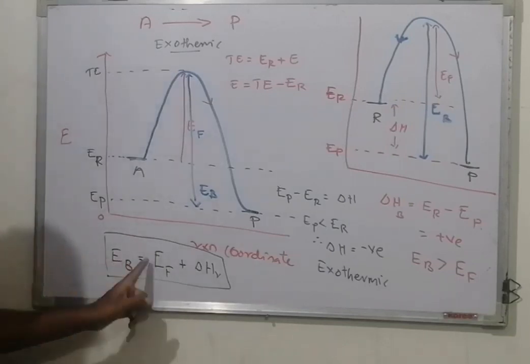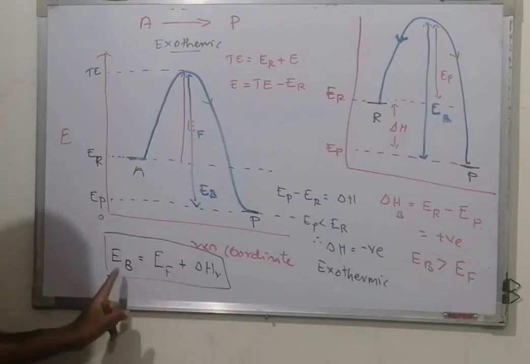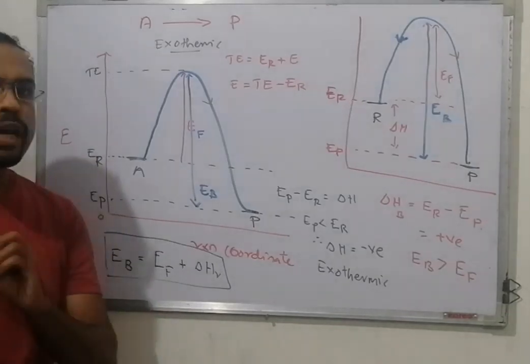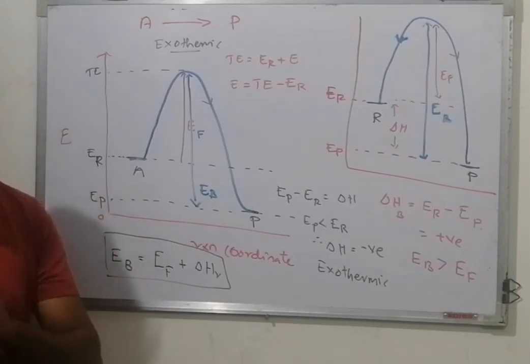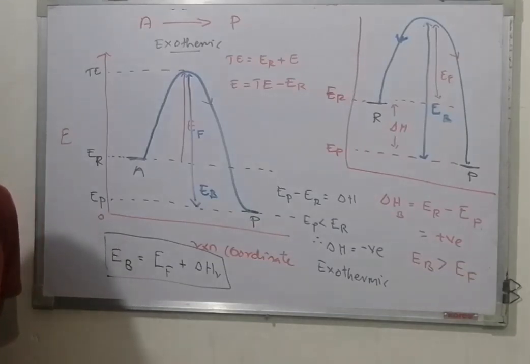No. If the activation energy of forward is 0 for an exothermic reaction, the activation energy of backward will be equal to the enthalpy of reaction. Remember, for an exothermic reaction, the minimum activation energy of backward reaction is the enthalpy of reaction.